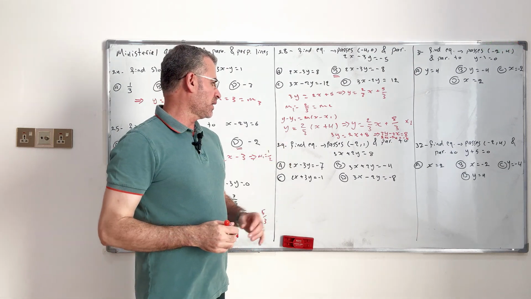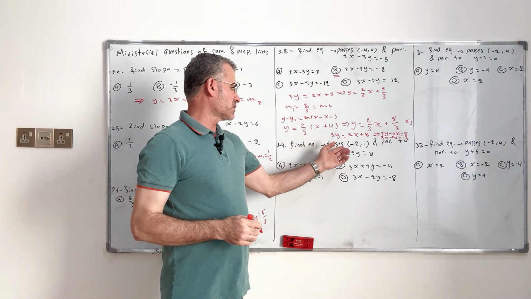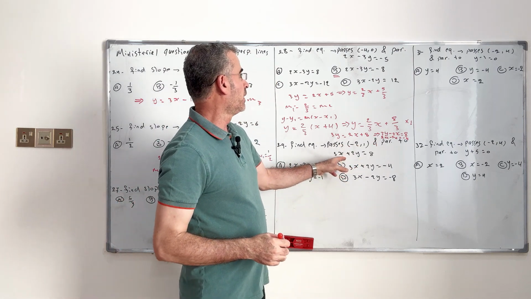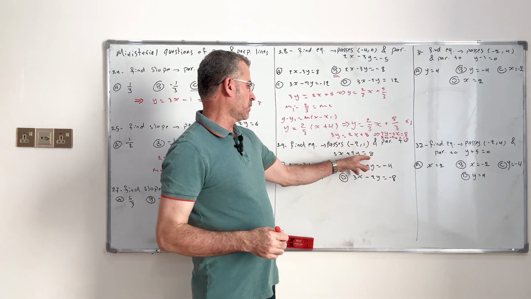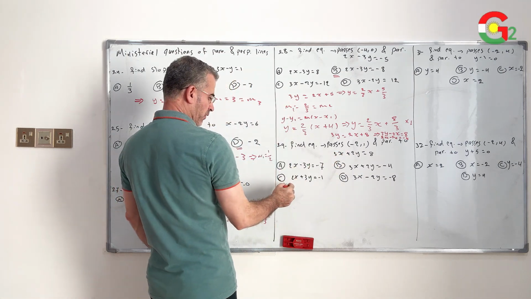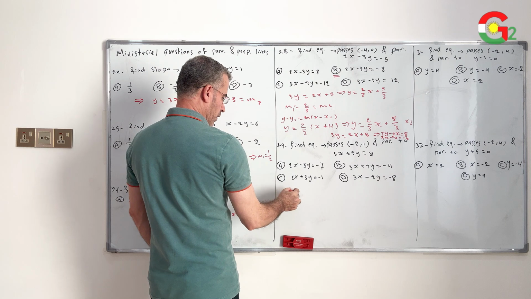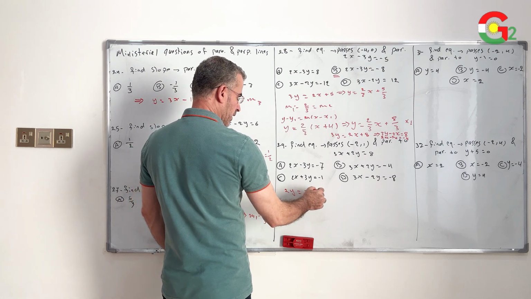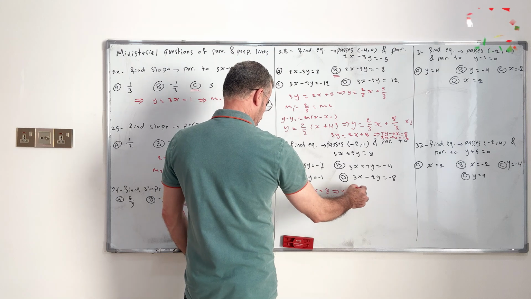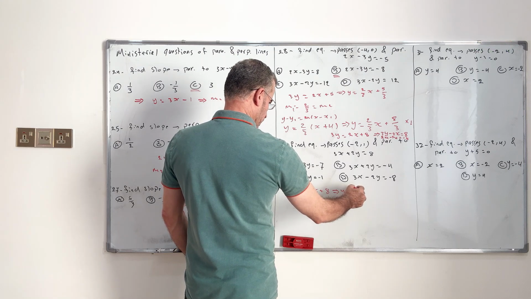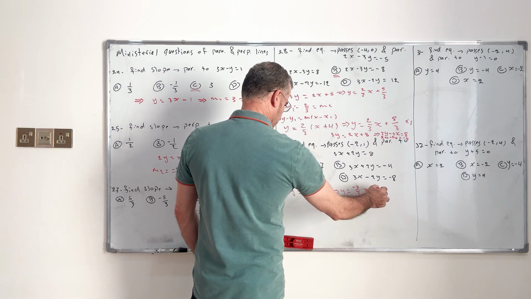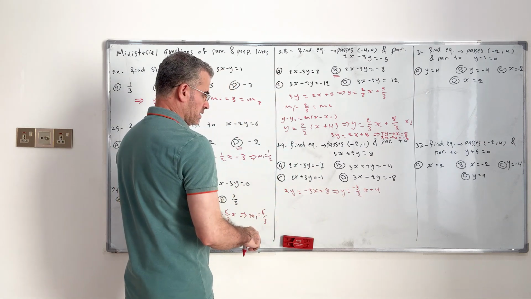Question number 29. Find the equation of the line that passes through the point negative 2, 1 and parallel to the line 3x plus 2y equal 8, it is the same as the previous one. Let me find the slope from this line. 2y equal to negative 3x plus 8, then y equal to, dividing both sides by 2, negative 3 over 2 x plus 8 over 2, which is 4.